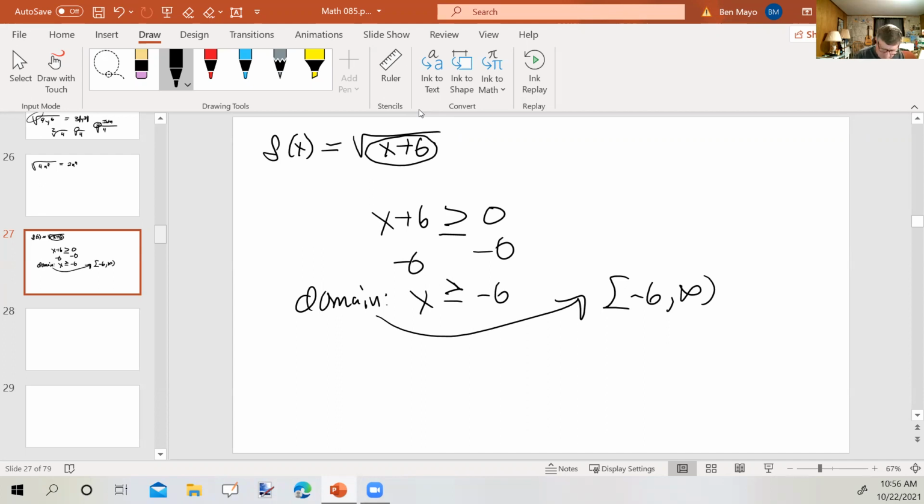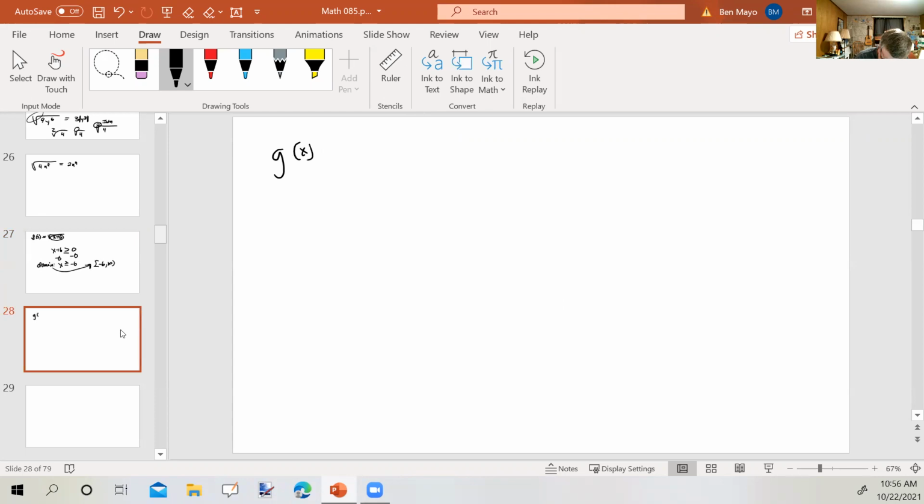All right, let's take a look at another example. g of x equals the square root of x plus 12. We're taking an even root, so x plus 12 has to be greater than or equal to 0. So the domain is the solution to this inequality.